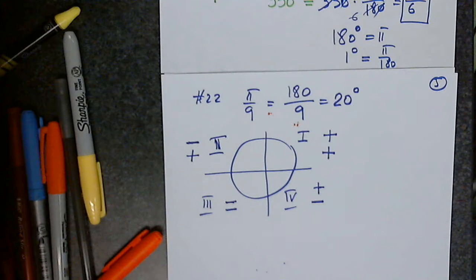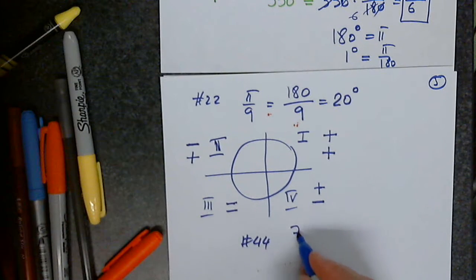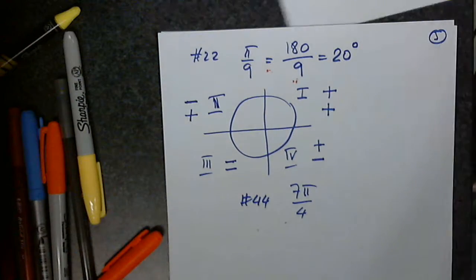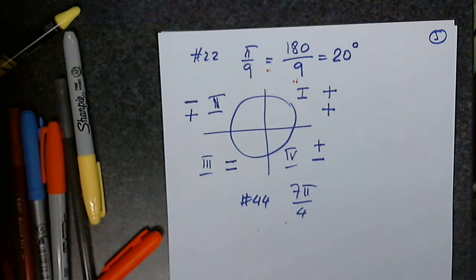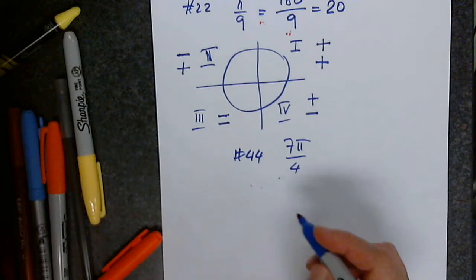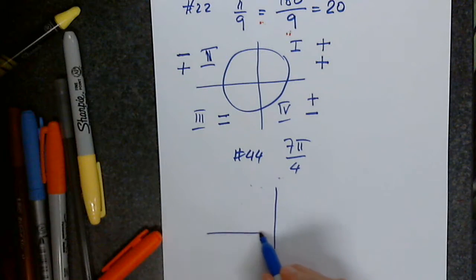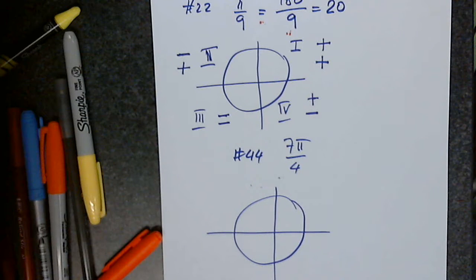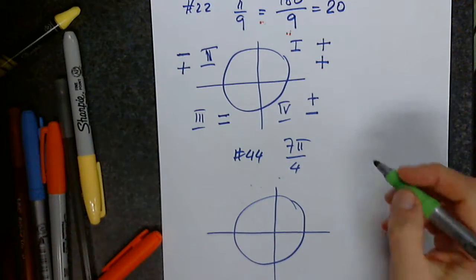So I'm selecting, let's say, 7 pi over 4. So 44, 7 pi over 4. There are three angles we need to remember.